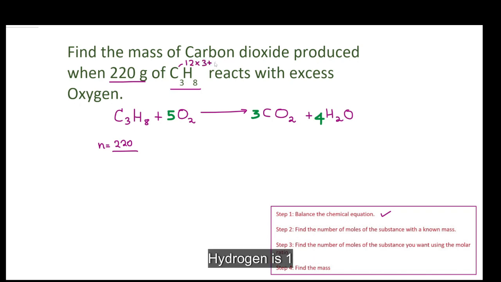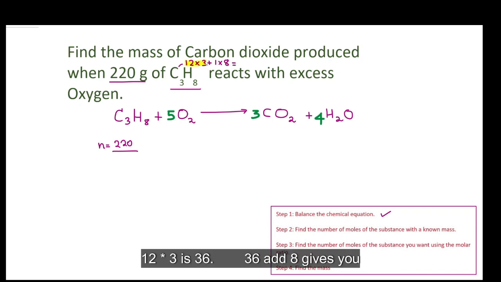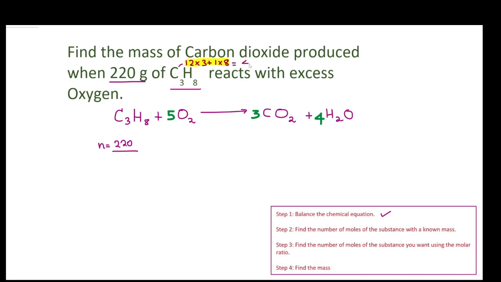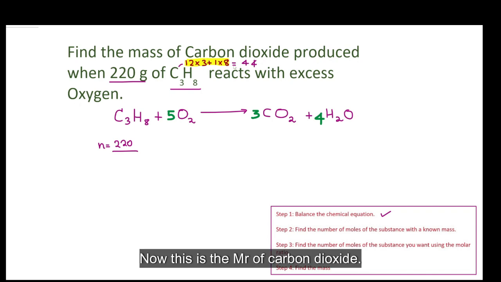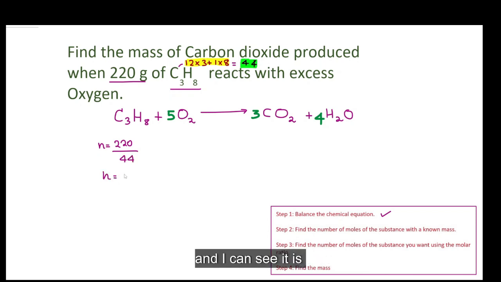Add hydrogen is 1, but you have 8 here. Let's add them up. 12 times 3 is 36. 36 add 8 gives you 44. So to find the number of moles, you need to divide 220 by 44, and I can see it's 5.